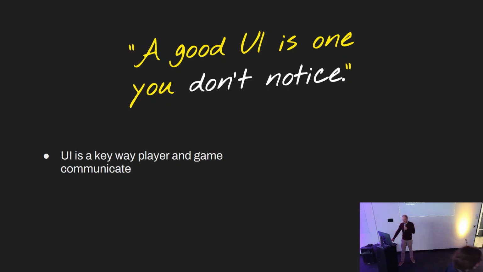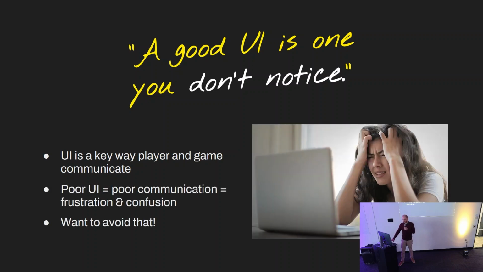It's based on the idea that if you're noticing UI, it's probably because something is off about it. You're like, oh, what's this doing here? I don't know where to find this option, or something like that. UI is a key way that the player communicates with the game. So if it's poor UI, it's poor communication, it's frustration, and you want to avoid that.